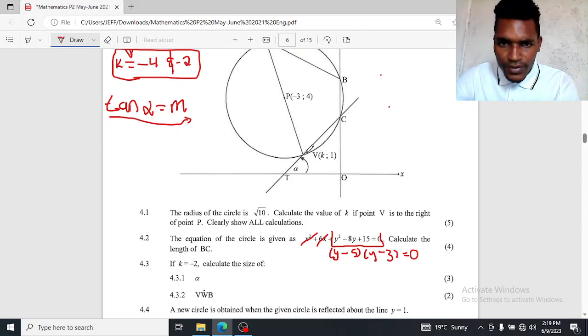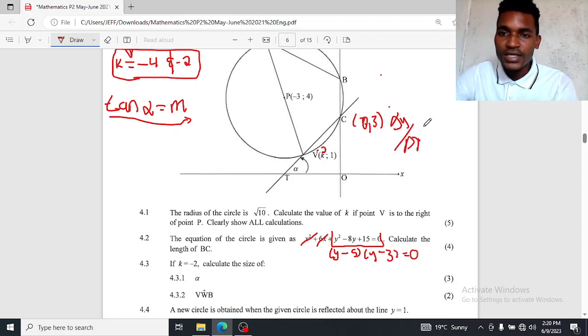We know that V and W are points, and we know the point C here, which is (0, 3), which we calculated previously, and here is (-2, 1). So we can find the gradient between V and C. After finding the gradient by using the change in y over the change in x, we find that the gradient is 1.